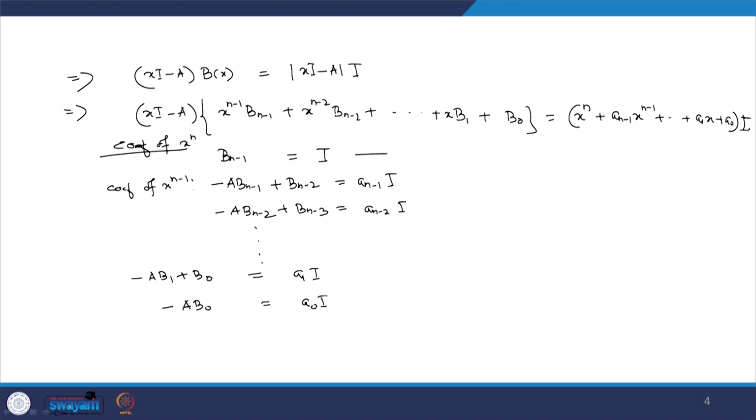Now, multiply the first equation, so if I multiply this one by A to the power n, and this is A to the power n minus 1, and this is multiplied by A, and this is multiplied by A to the power 0.